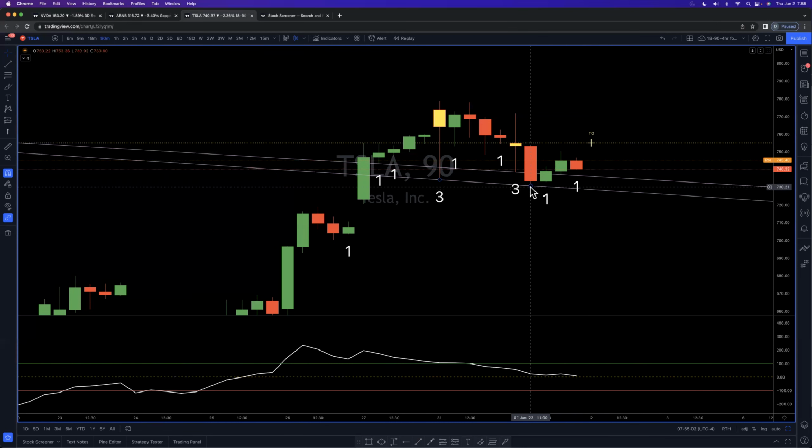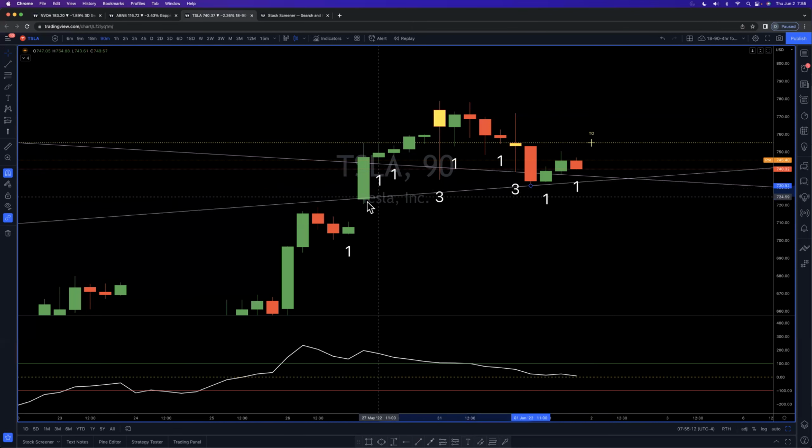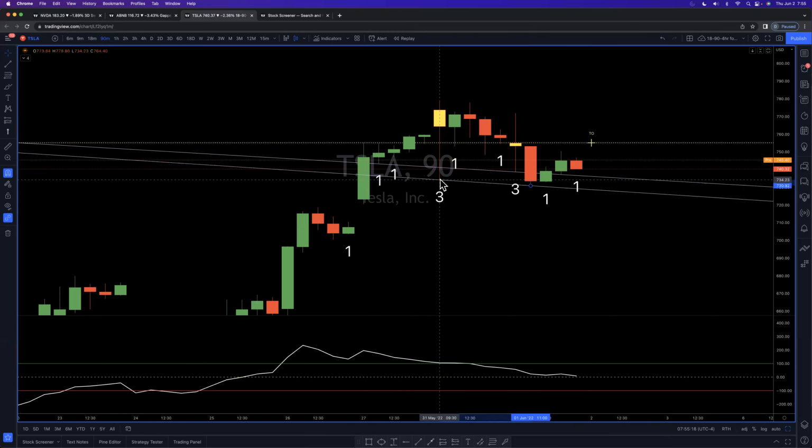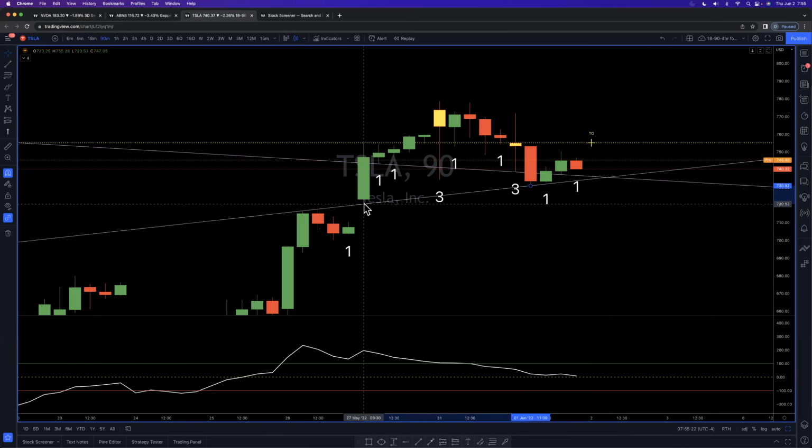Why here? It's got to take out this day, trade below this range. Now it's inside this range, right? I could have drawn it here, but I'm going to draw it here to make this a target, instead of here to make this my upper range. You actually could do it both because it's got to stay below this.